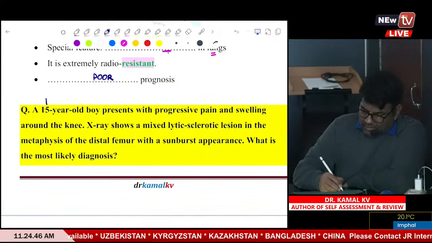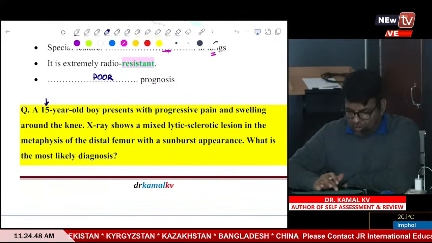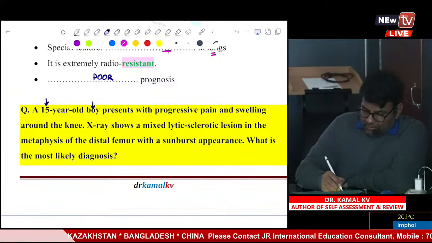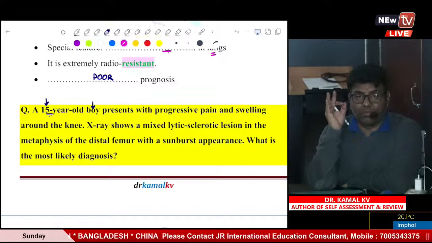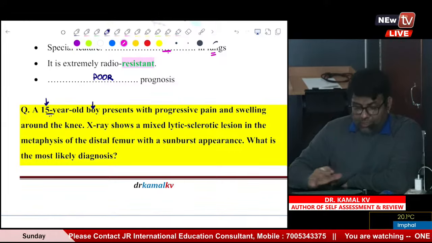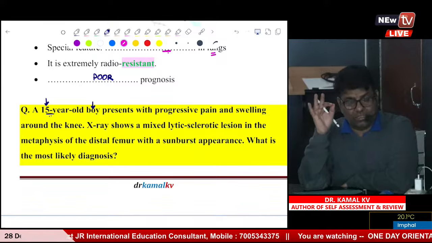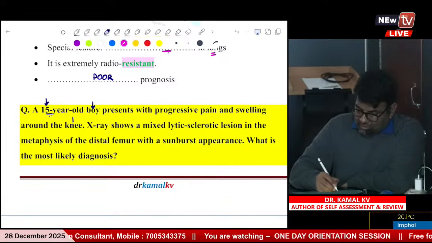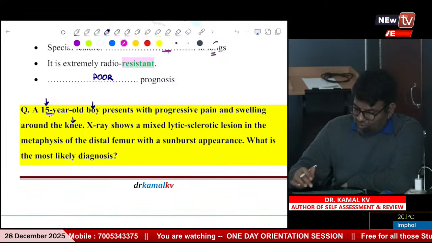So let us take some questions. A 15-year-old boy, right? See, look, in tumors, age is very important. So the very first thing, if there is a question about tumor, always highlight the age first. Then second is joint, pain and swelling around the joint.